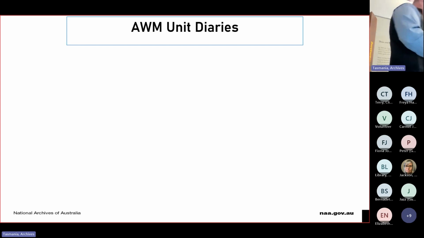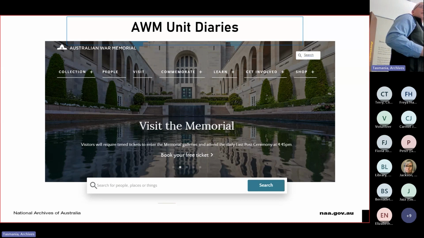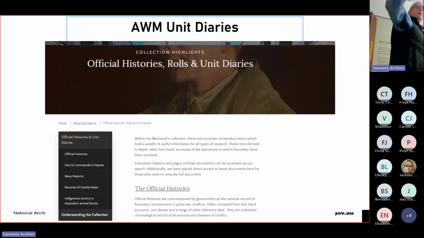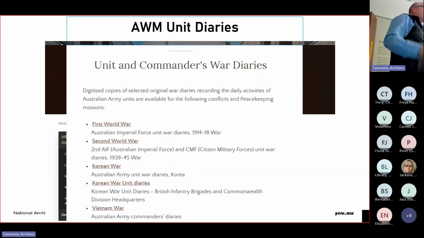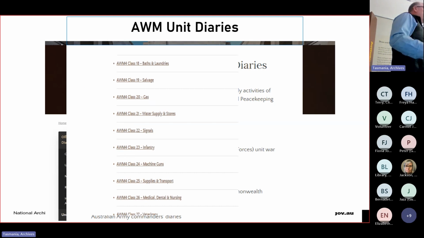It can be quite tricky to find the diaries on the War Memorial website. It's quite a number of clicks. It comes under the collection tab on the left-hand side, and then that takes you to the official history. You then have to choose which war you're interested in, and then it breaks down into the different classes of units.